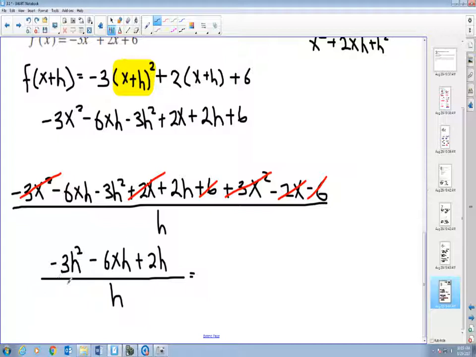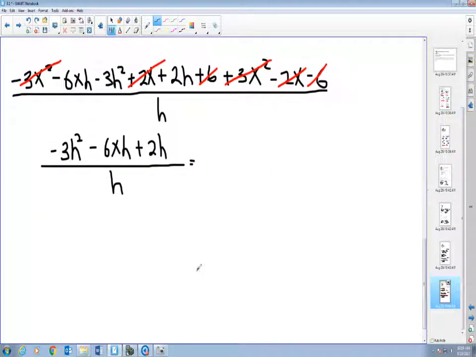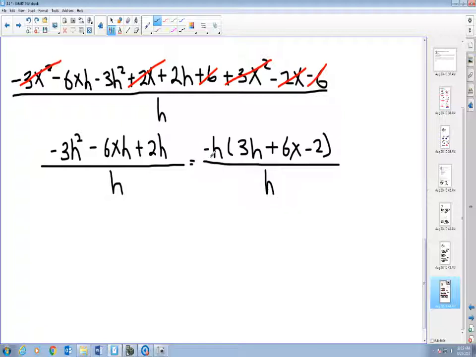Alright, so the greatest common factor here is an h. I can factor out a negative h to the outside. So that would just be positive 3h left for the first term, positive 6x, the h went outside, and the negative 2. Whole thing over h. I could factor a negative here, or I don't have to. It doesn't matter.